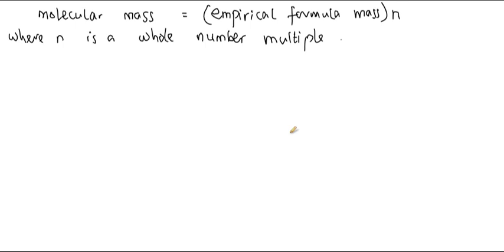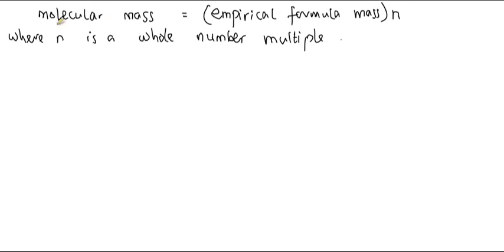From the relationship above, we are given the molecular mass from the question, stating that the mass of the hydrocarbon is 26, but we do not know the empirical formula mass and we do not know N. But we can get the empirical formula mass from the empirical formula we've gotten earlier, while N remains unknown.